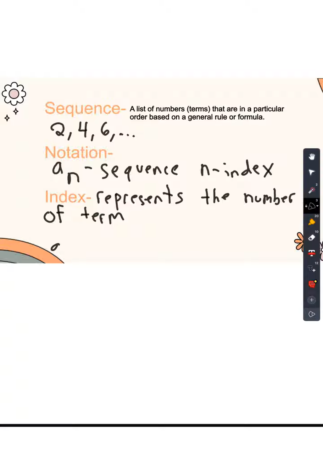So A sub 1 would be the first term, A sub 2 would be the second term, A sub 3 would be the third term, and so forth. The index must be an integer. So we're not going to look at the 2.5 term, right? We're just going to look at the first, the second, the third, and so forth.